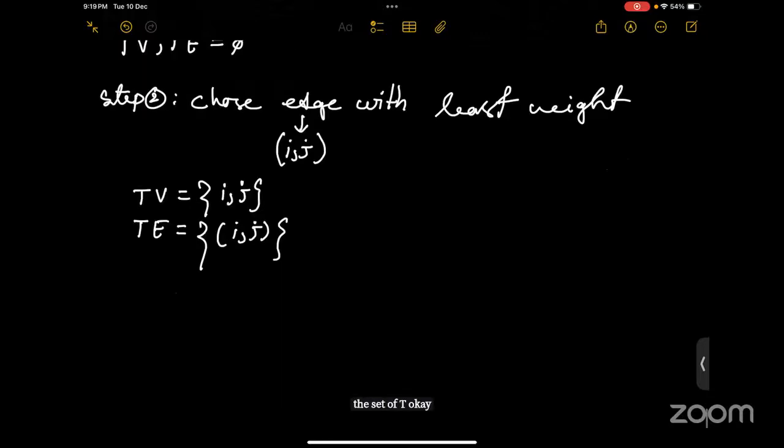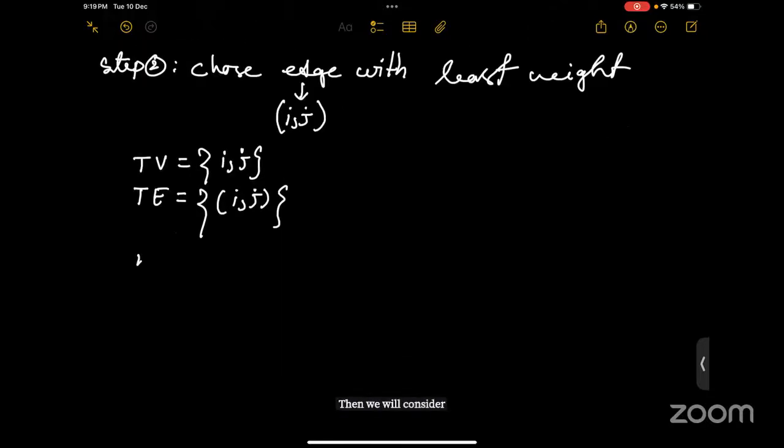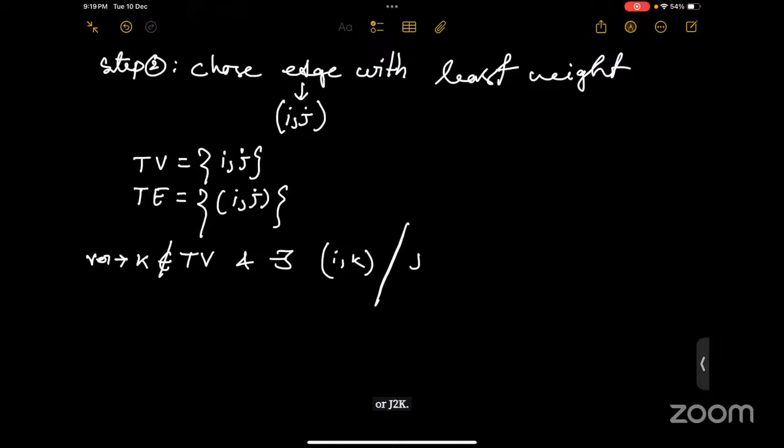Then we will consider a new vertex k which is not in TV, and there is an edge from i to k or j to k with least weight.